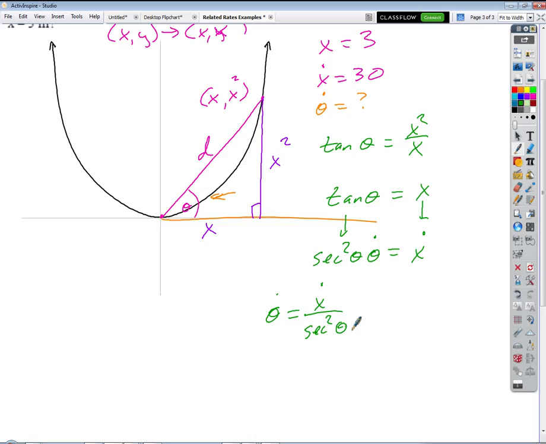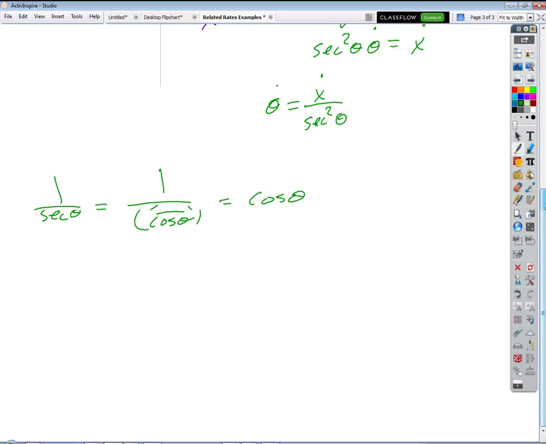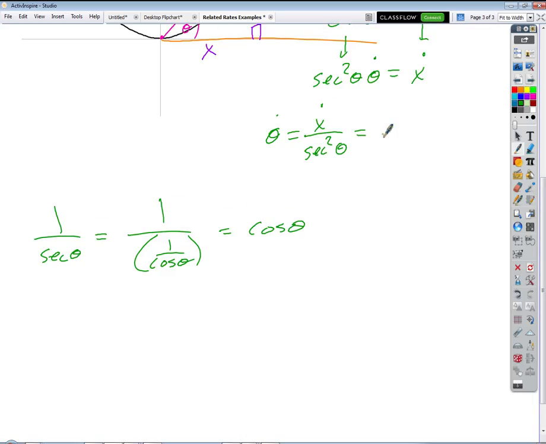One over secant theta is the same as cosine theta, and since it's squared, we square it. So in other words, this is just equal to x dot cosine squared theta, right?